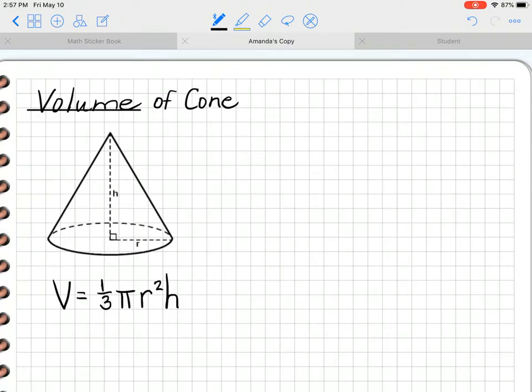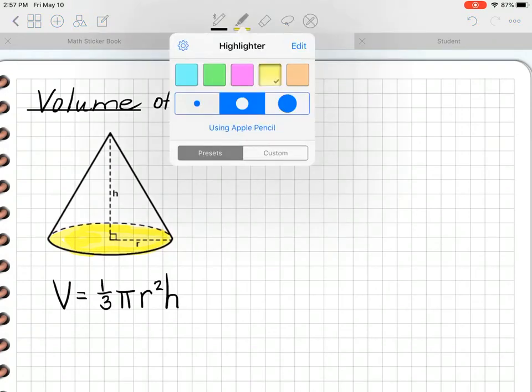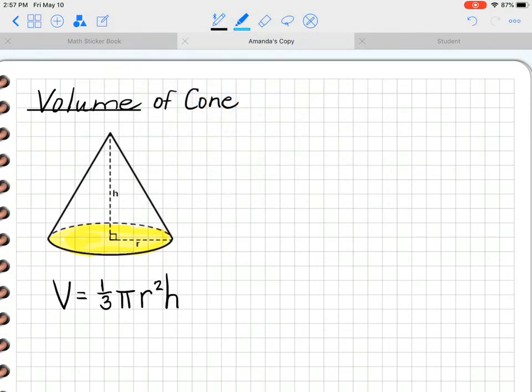And because there is a circular bottom, you do have to worry about pi. Let me color the bottom for you. It's always a good idea to look at the base of something. And in this case, that base is a circle. So we are going to have to do radius, and we need to remember that height is measured straight top to bottom.